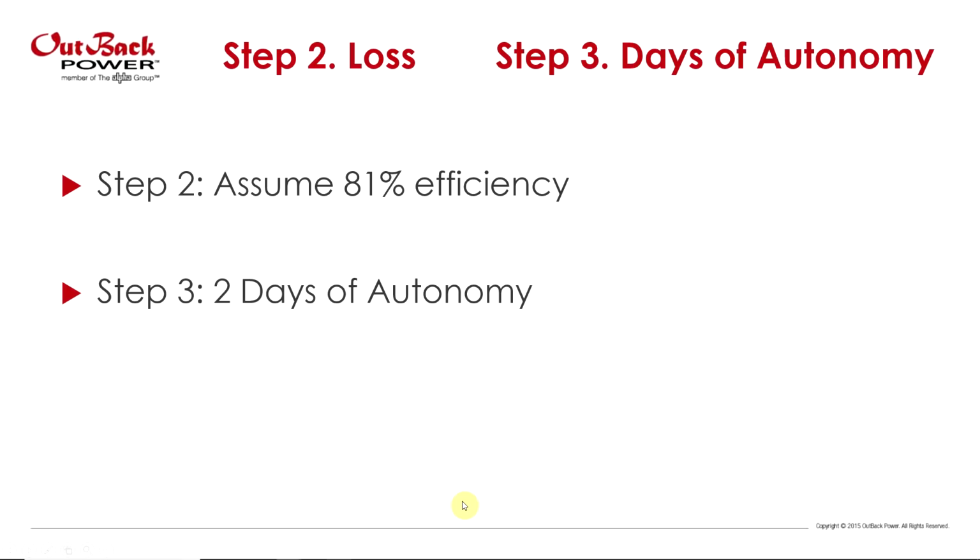For our purposes, we spoke to our customer, we understood their application and their budget, and we're going to go with 2 days of autonomy. And remember that this can add up really quickly if you were to continue to add more and more days of autonomy. So be aware of your customer's budget.